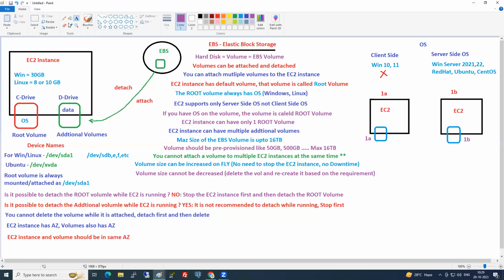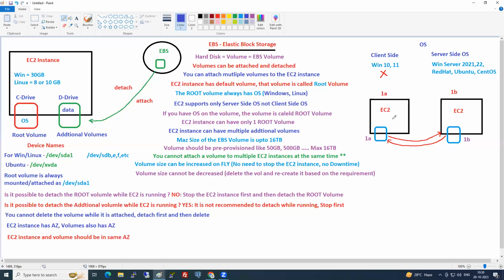Now tell me, is it possible for me to detach this volume and attach it here, and detach this and attach it here? Is that possible? Yes or no? Excellent. The answer is no. Because in which availability zone is the first EC2 instance?